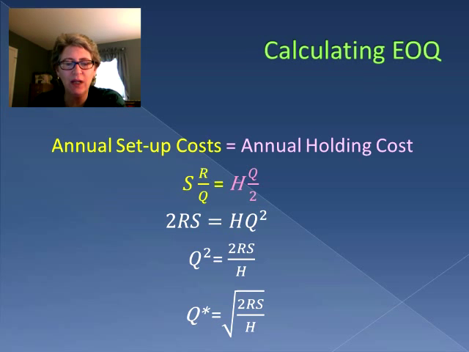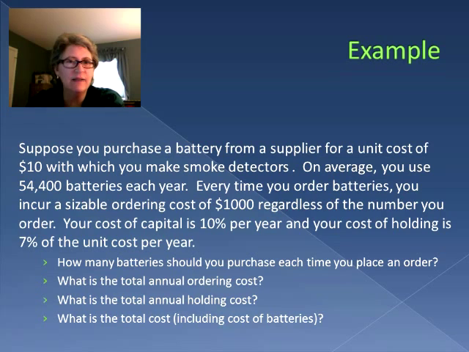So what does this really mean? Let's do a quick example and you'll see. Let's say we purchase batteries from a supplier for a unit cost of $10 and you make smoke detectors. On average, we're going to use 54,400 batteries each year. And every time we place an order, we have a big ordering cost of $1,000.